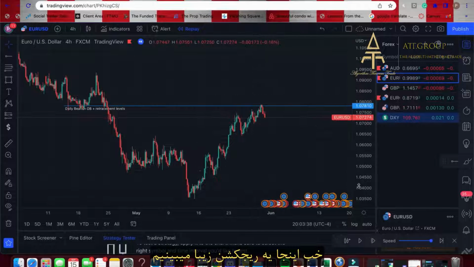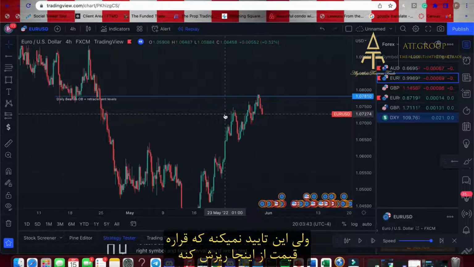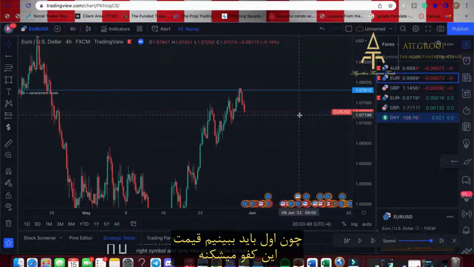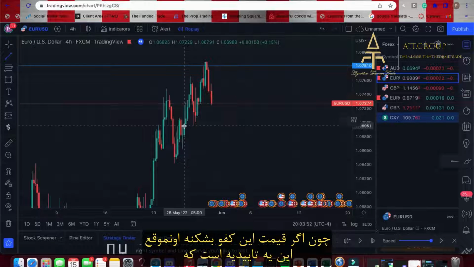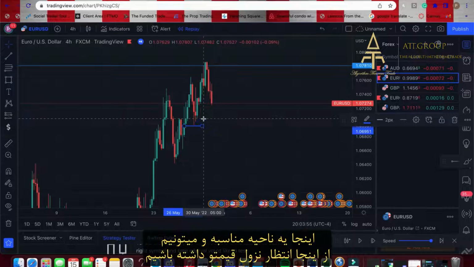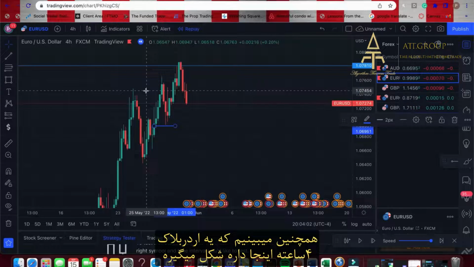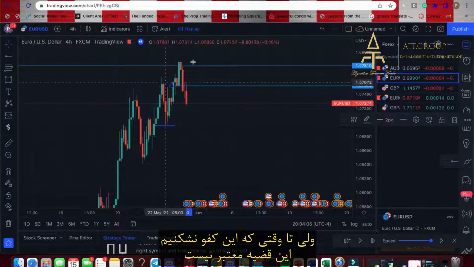So yeah, we see a nice rejection, but this doesn't confirm that we're going to start seeing price just fall, because we have to see first if price takes out this low. If price takes out this low, then it's a confirmation that this was actually a place where we can expect bearishness from there. We can also see a 4-hour order block being formed, but this wouldn't be valid until we break this low and confirm we are bearish.